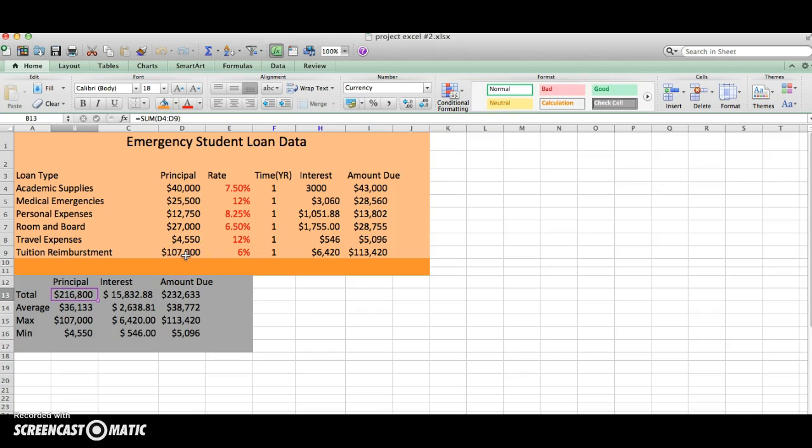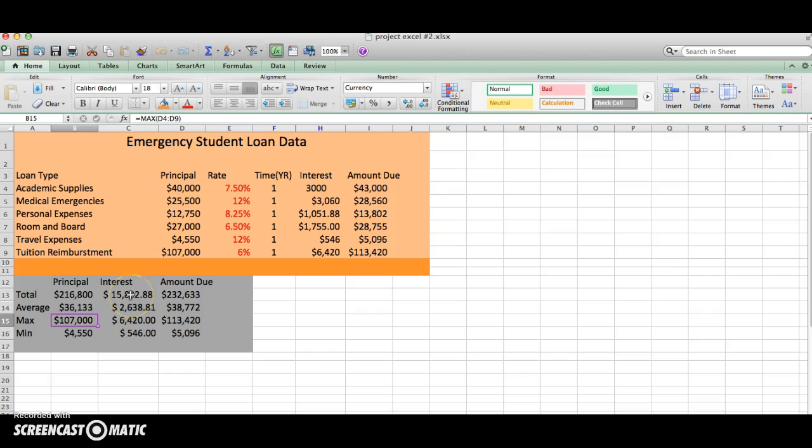So it adds everything up, and it gives you the total here that I have of $216,800. Then for the average, it was the same thing. I used the average formula, and it calculates everything from D4 to D9. It does the same thing for the max and the minimum, only that it's showing you the formula for the max and the minimum.